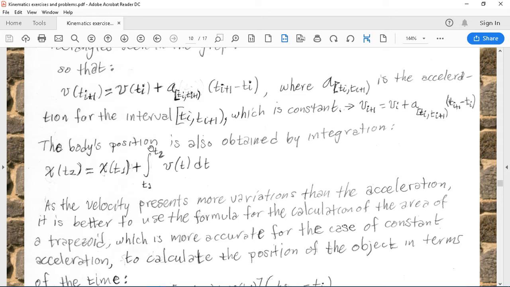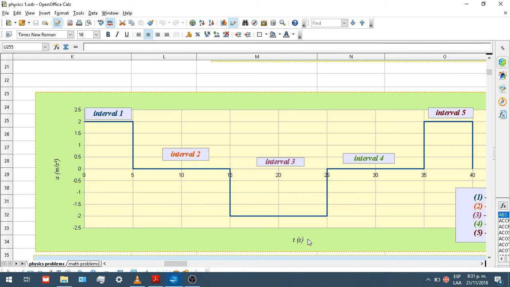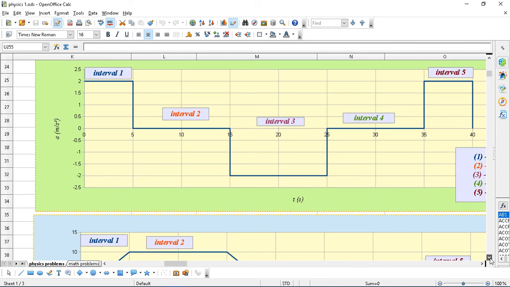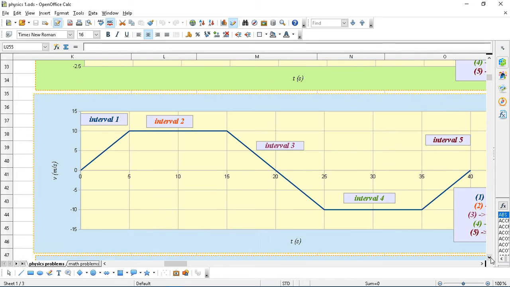We do these calculations and we obtain the following graph for the velocity, which is this one. For interval 1 from 0 to 5 seconds, we have this line that goes from (0, 0) to (5, 10). That is 0 seconds, 0 meters per second, and here we have 5 seconds and 10 meters per second.